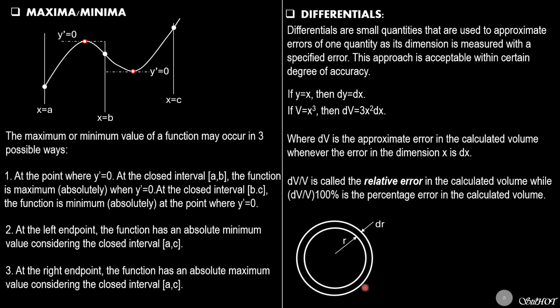So let's just consider that as an area, because the area of a circle is pi r square, so this is the differential area, which is the differential of pi r square. So if area is pi r square, differential area is 2 pi r times dr.